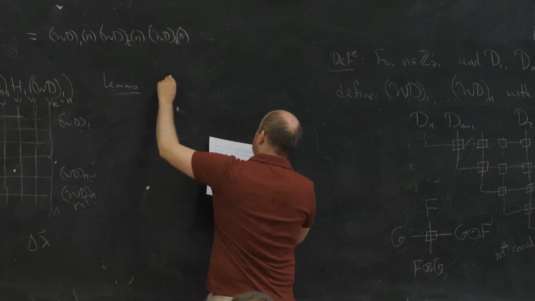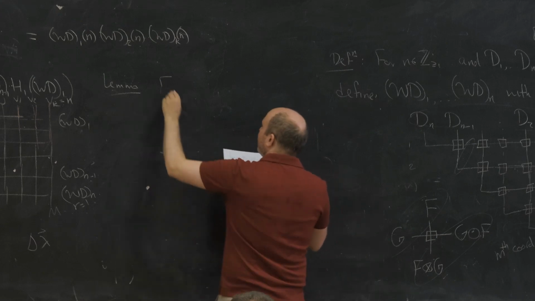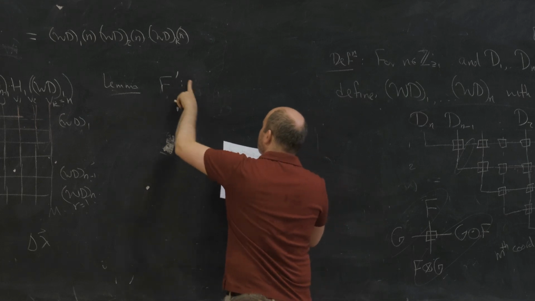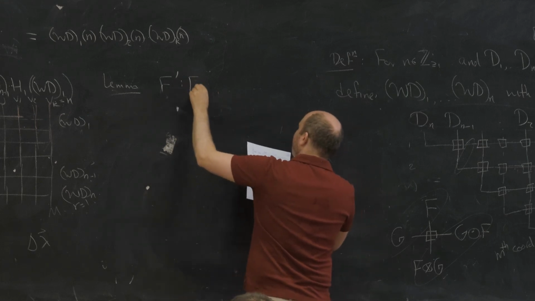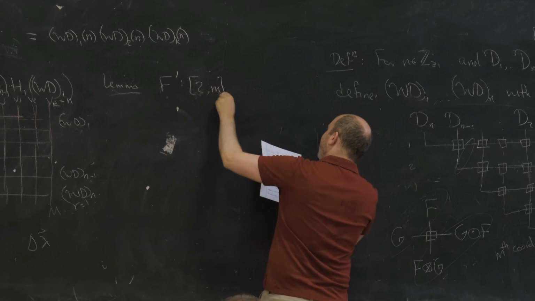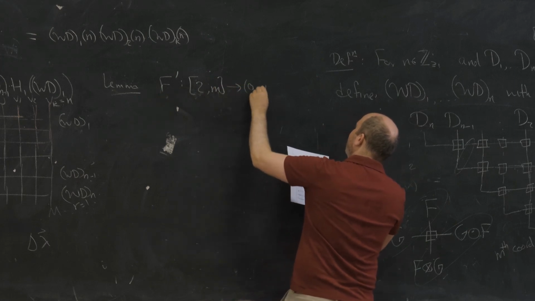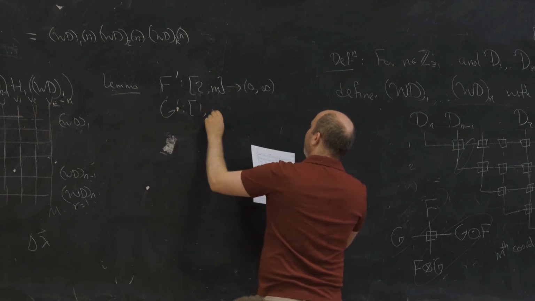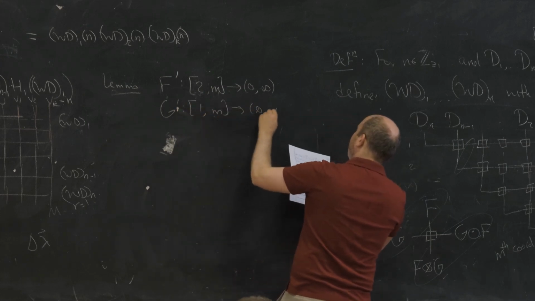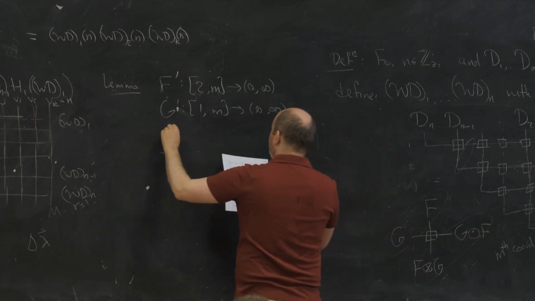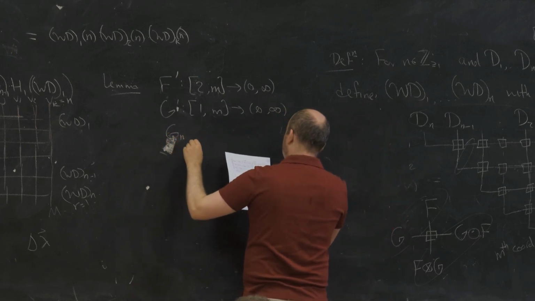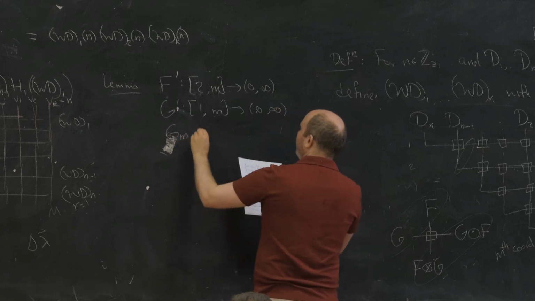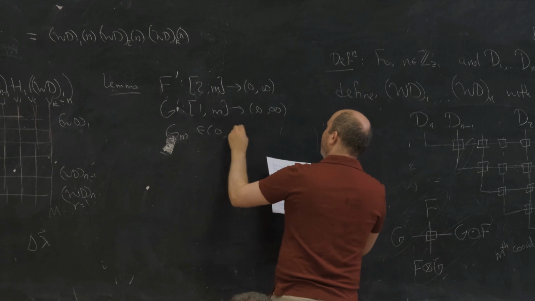So the statement is that if I have two functions, f prime, that go from, and it shouldn't be from arbitrary z, so let me say from the integers between 2 and m to 0, infinity, and I have g prime that goes from 1 to m to 0, infinity. And I have some number I'll call g sub m, again a typo in the notes, in 0, infinity.